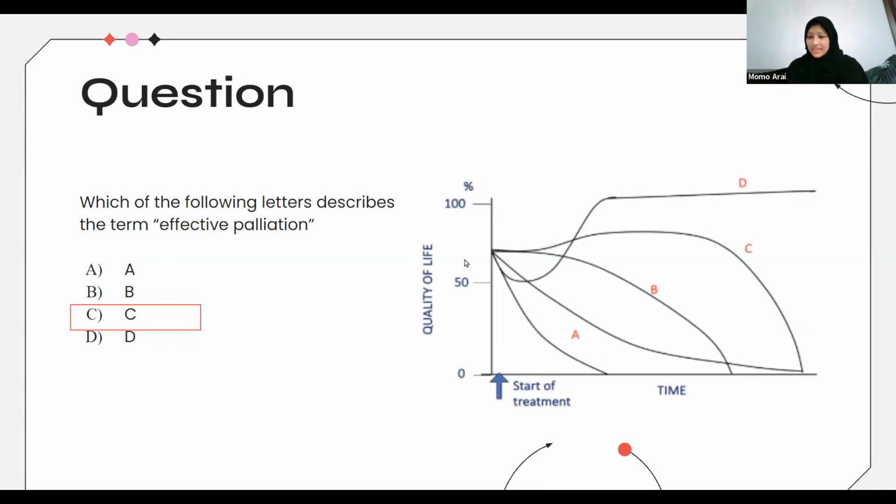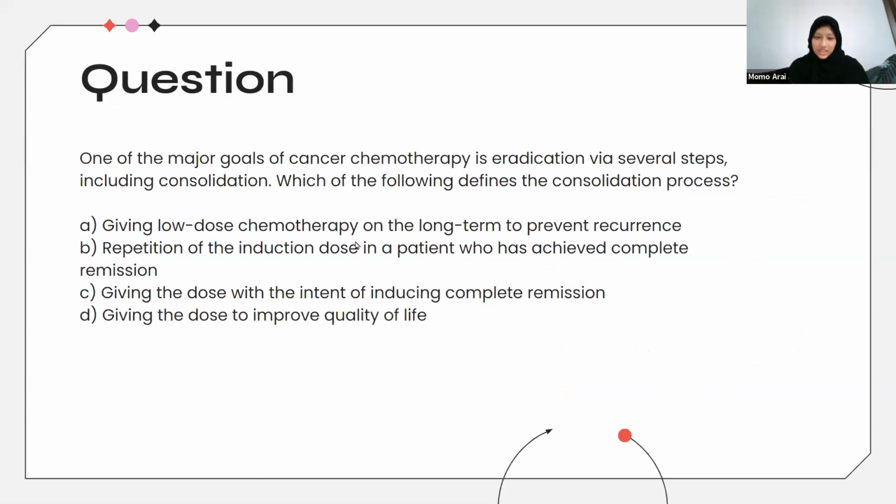Okay. So this question is about consolidation. Which of the following defines the consolidation process? Consolidation is another term that you have to know from the chemo. This is the principles of chemotherapy, so we're not going into the drugs yet.